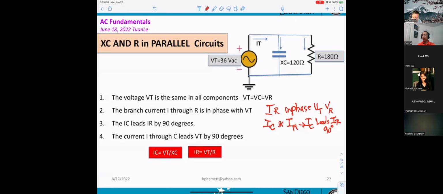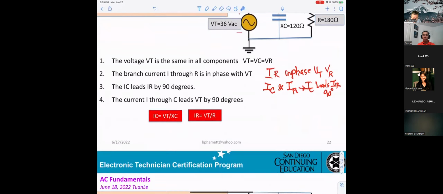That's what they said right here on number 3: the current I through C leads V total by 90 degrees. If you want to calculate IC, take the total voltage divided by XC, and for IR, total voltage divided by R.